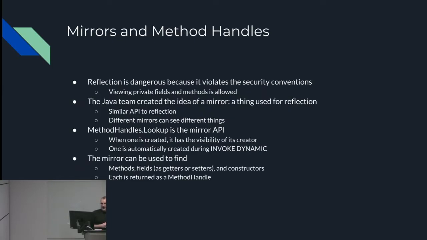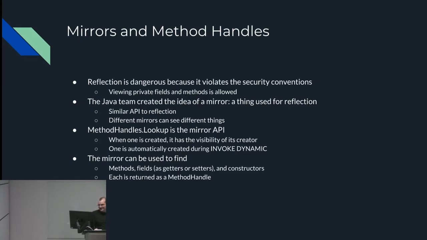All right, we're going to need something better than reflection. The biggest problem with reflection is that the JVM has this whole security model, right? I have private methods, I have private fields, you can't touch them until you have reflection, in which case you can just go and change the permissions on a field and do whatever you like to it. So the Java team a while back created an idea they call a mirror, which is possibly one of the worst puns I've had in a while because a mirror is a thing you use for reflection.